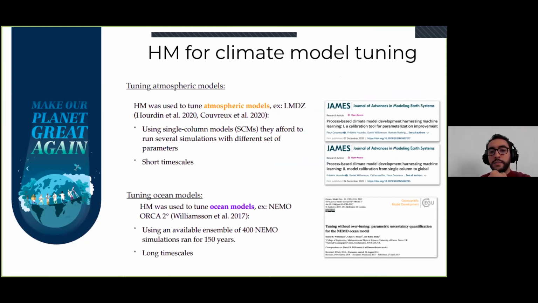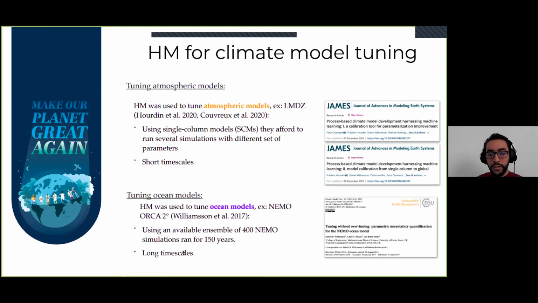These are some examples of successful uses of history matching for climate model tuning, which are very recent. You see here 2020, 2017. For this case, it was for an atmosphere model. But the atmosphere has short time scales, so they used some techniques with single model columns to afford to run several simulations. But this cannot be done for the ocean, for example.